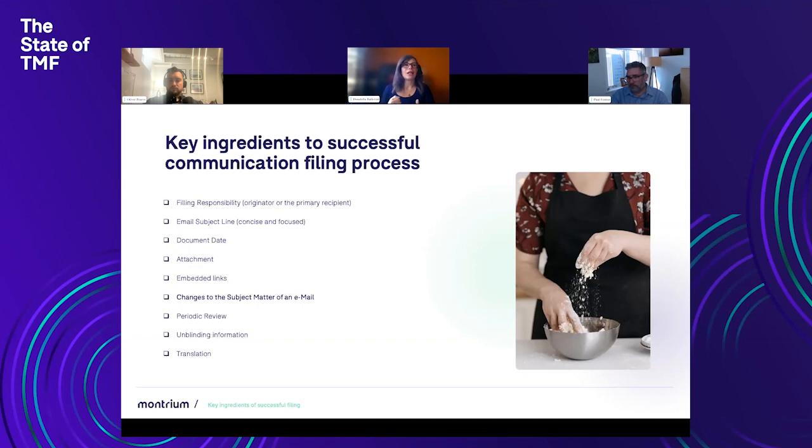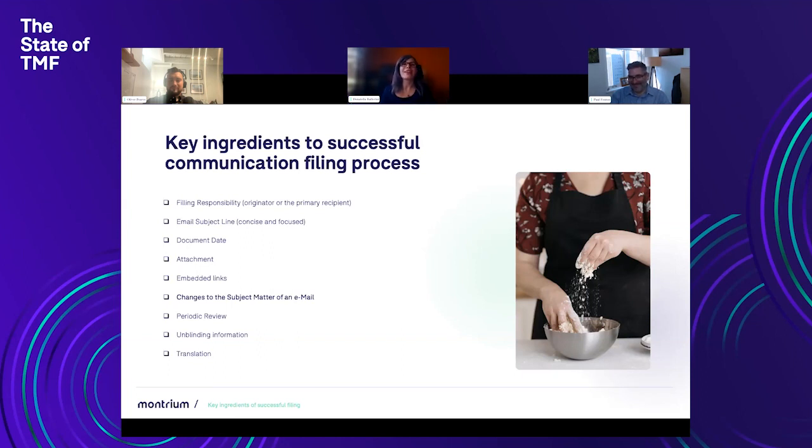And last but not least, translation. This is tricky to manage, but just to give you my experience. When we used to work with an Italian CRO, when I was working on the sponsor side, we used to write emails in Italian, and I think it's obvious. Finally you speak with someone that speaks your language, you don't have to translate everything.